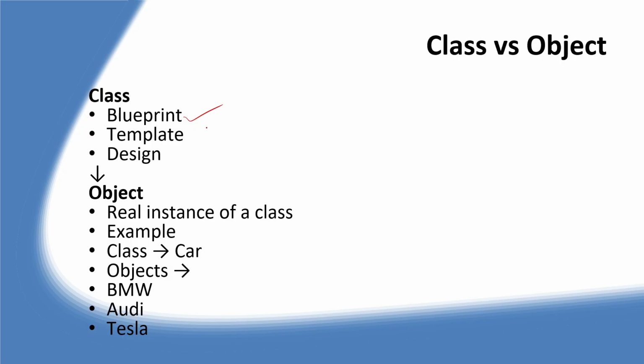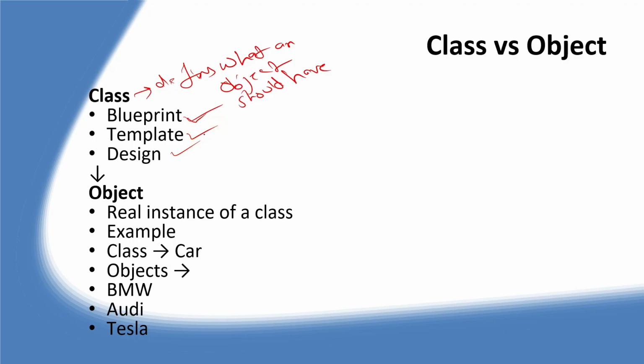A class defines what an object should have. An object is the actual implementation of the blueprint. You can say blueprint, template, design.